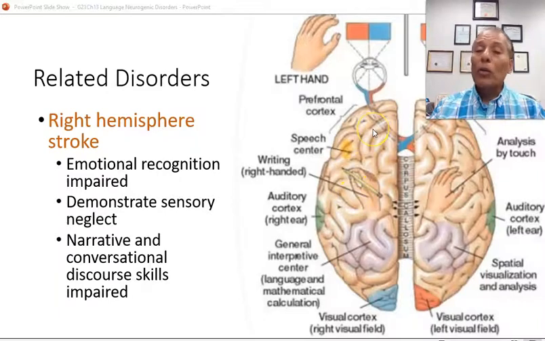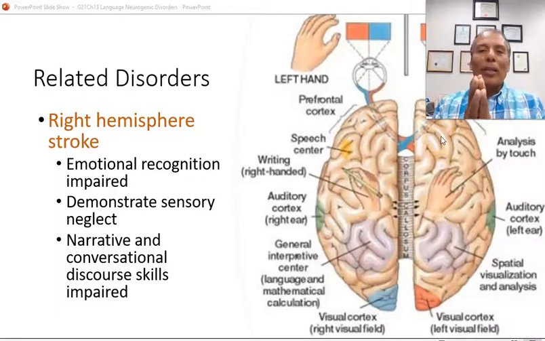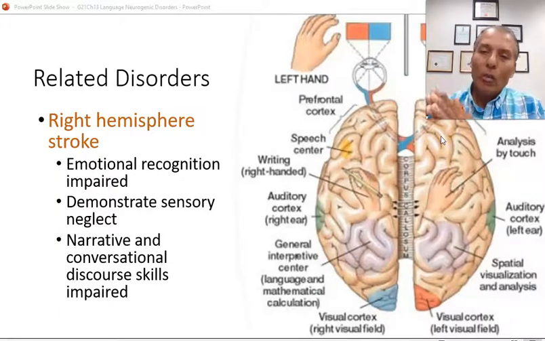So whenever we say aphasia, we only refer to damage in the left hemisphere, okay? Because aphasia is a language impairment that affects the fundamental areas of speech. So the right hemisphere, again, has its own symptoms. We do not call the damage in the right hemisphere aphasia.